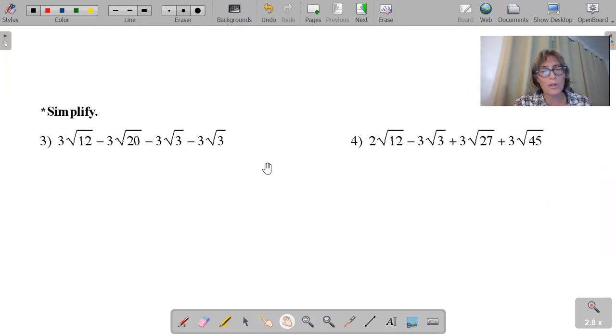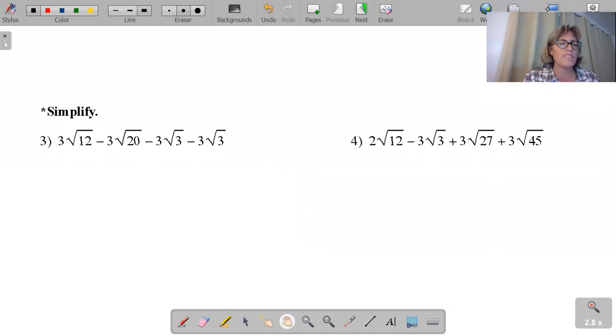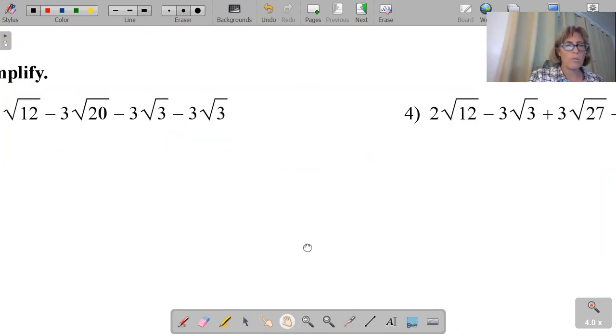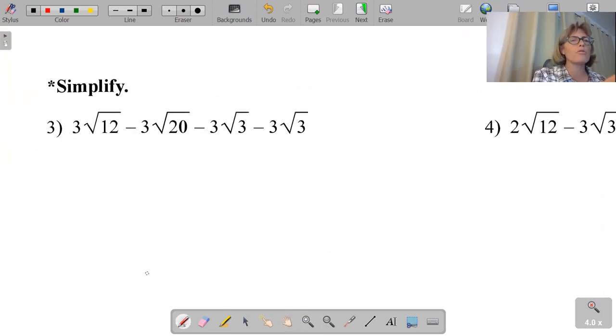Radicals we are going to do because it's been a long time since you've seen them. When you simplify, what you want to start by doing is reducing every radical first.